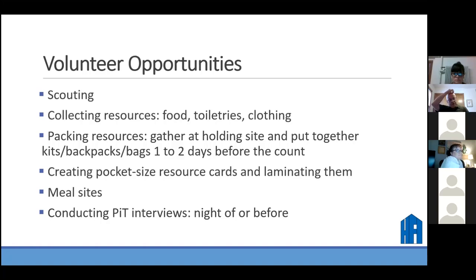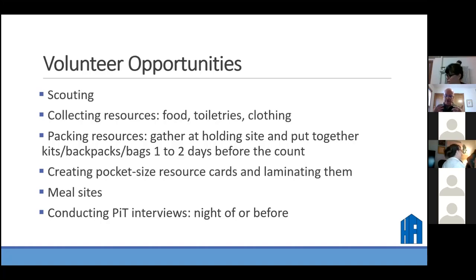Another idea, with meal sites: start awareness before the count, obviously. Meal sites are like gold mines for folks. In rural areas they tend not to be daily, right?